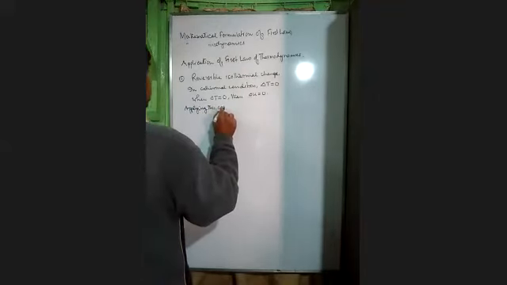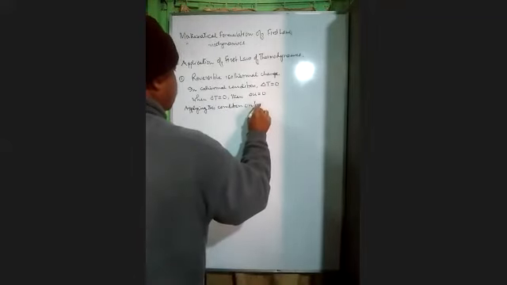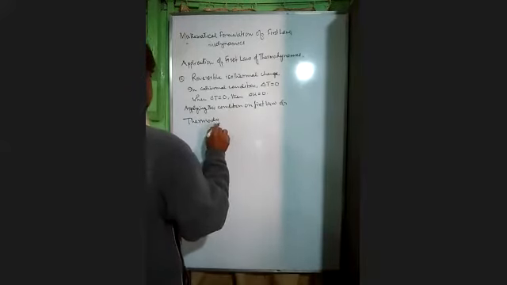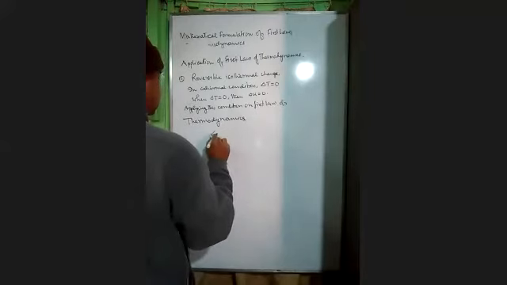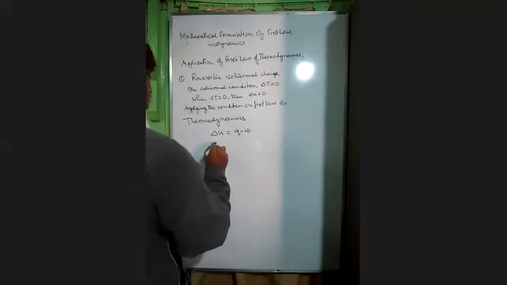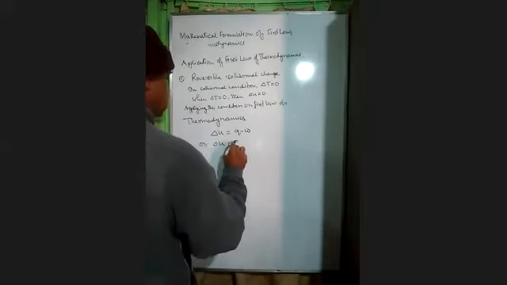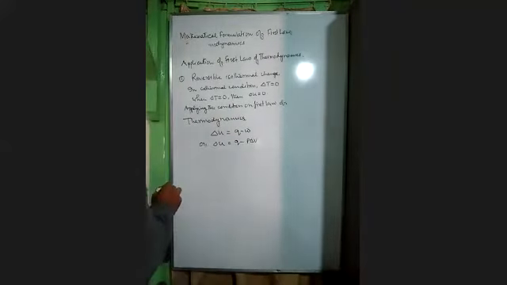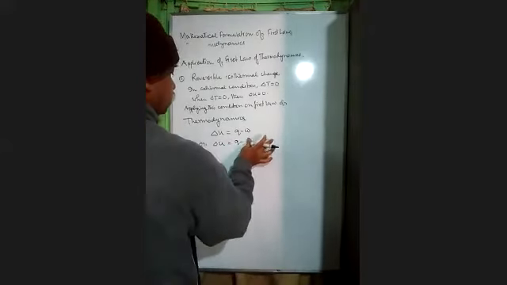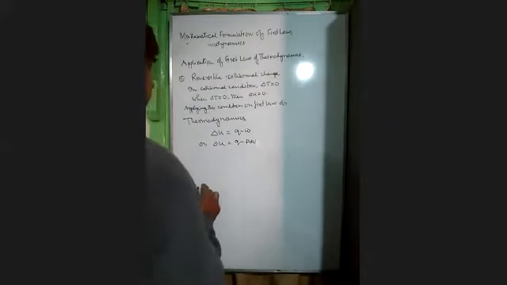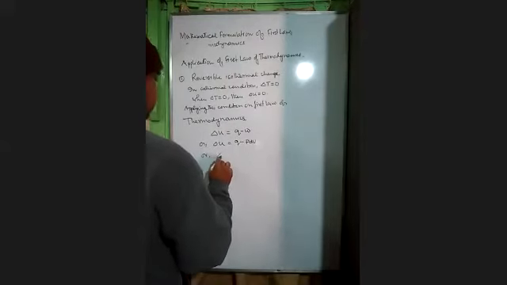Applying this condition on first law of thermodynamics, delta U is equal to Q minus W. Delta U is equal to 0.